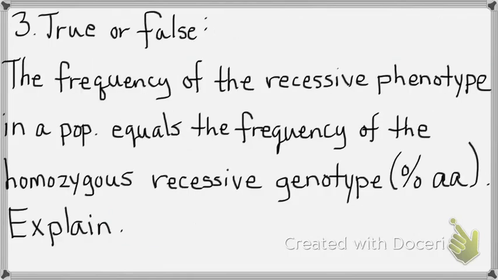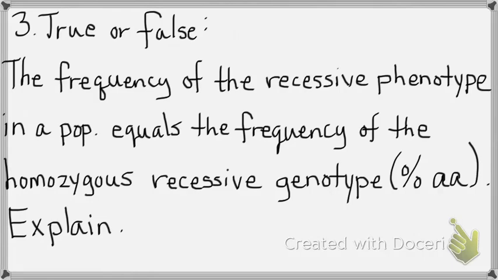I love question 3. It's the whole idea of why we start with Q squared when we do Hardy-Weinberg. True or false? The frequency of the recessive phenotype, like how many people you can count in a room that have blue eyes, equals the frequency of homozygous recessive genotype, or percent little a little a.